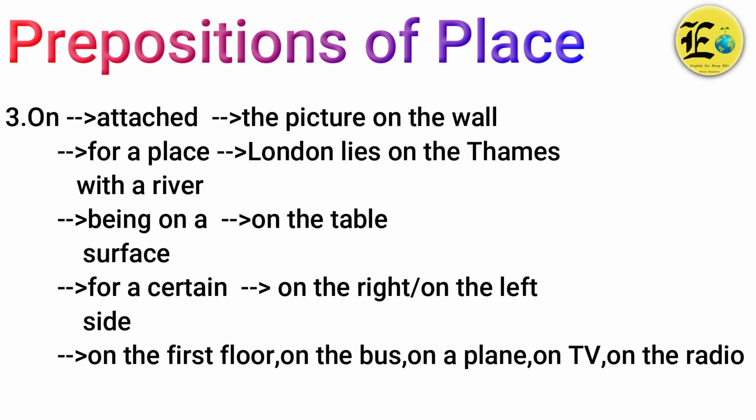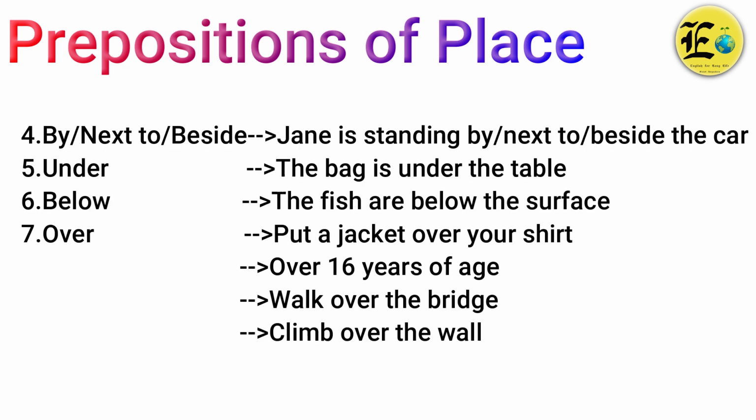The next important prepositions are by, next to, and beside. So if someone's next to you or beside you, you use these words, like left or right, if someone or something is being referred to. Once again, let's remind ourselves we're talking about prepositions of place here.